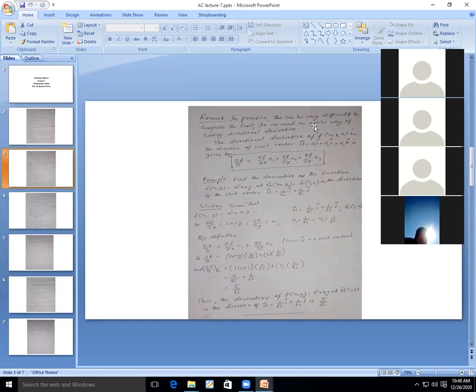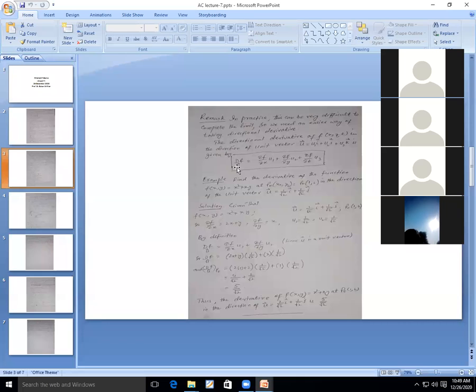Okay, if this definition is difficult, then how will we find the directional derivative of a given function in the direction of unit vector? For that purpose, we have a simple formula. The directional derivative of the function f in 3 variables x, y, z in the direction of unit vector u equal to u1 i vector plus u2 j vector plus u3 k vector in 3-space is given by this simple formula.